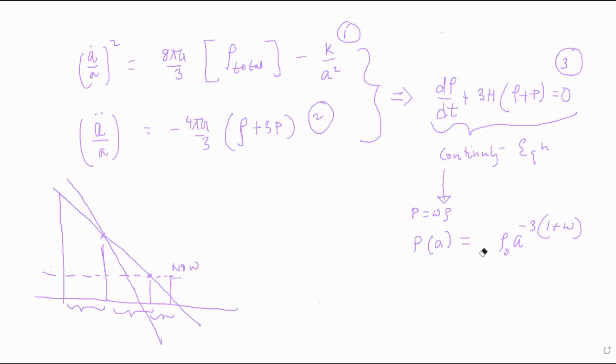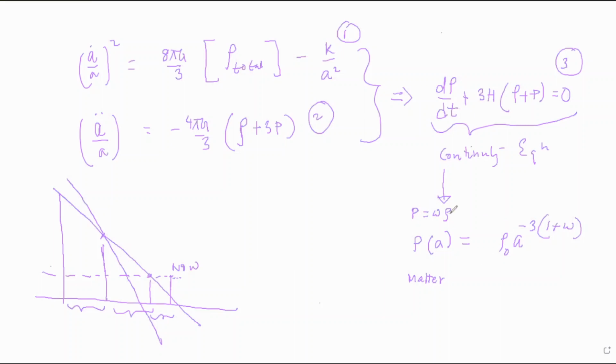Those who did not get it, it is very easy. You can talk to Jahan later, because I am just doing this from the last class to recap a little bit. So now you can see, if you put w equals 0, what will be the rho? For matter or dark matter, what is the value of w? w is basically pressure, no?